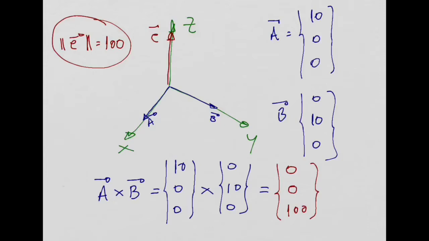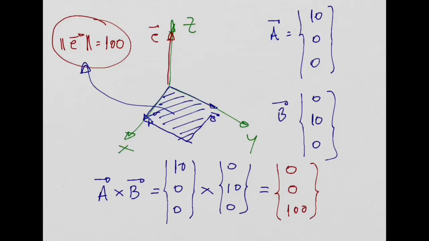What it represents basically is this. It represents the area. So we had vector A and vector B. This area here is basically the norm of the result of the cross product.